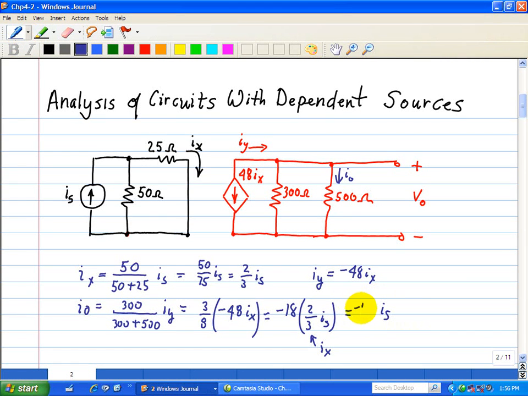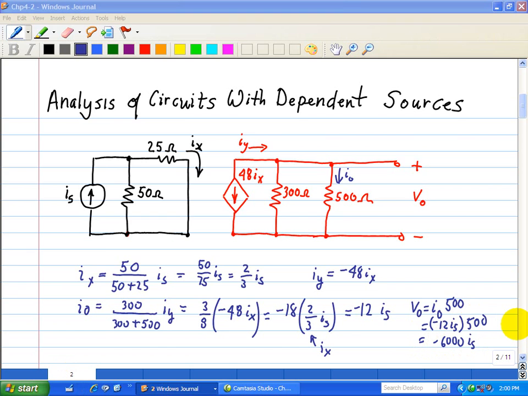So that's minus 12 Is. And then we can just use Ohm's law to find VO. VO is equal to IO times 500, but that's equal to minus 12 Is times 500, which yields minus 6,000 Is.